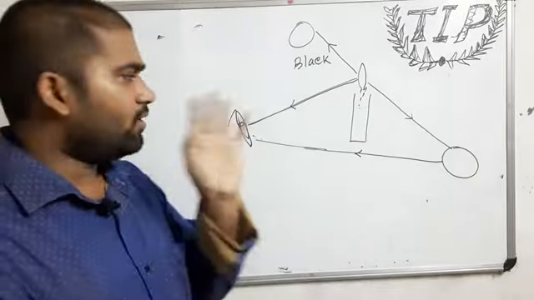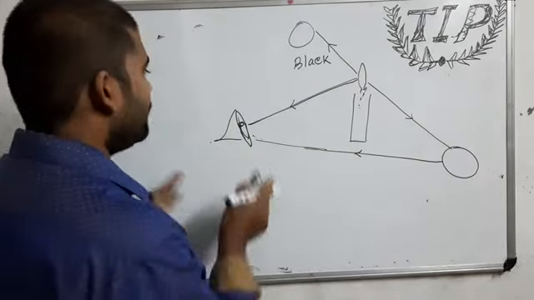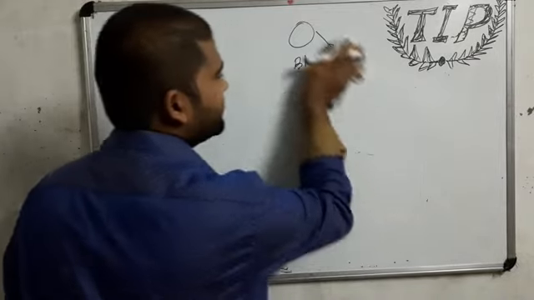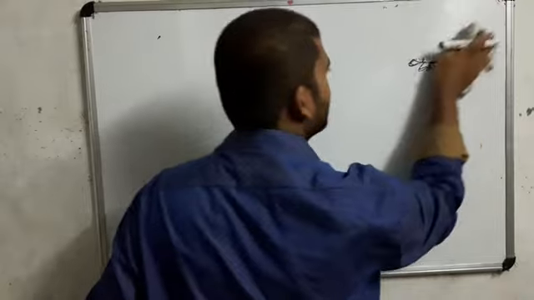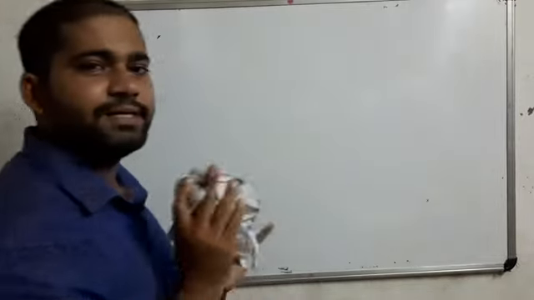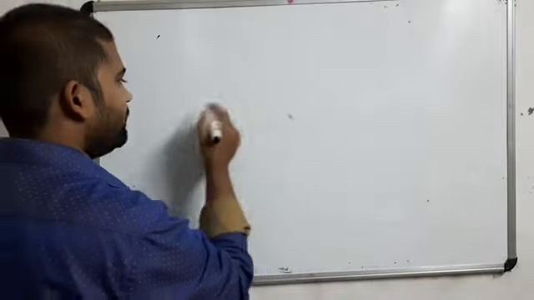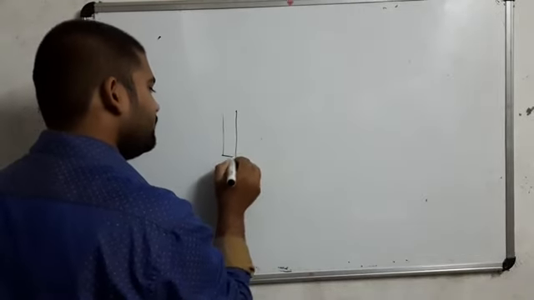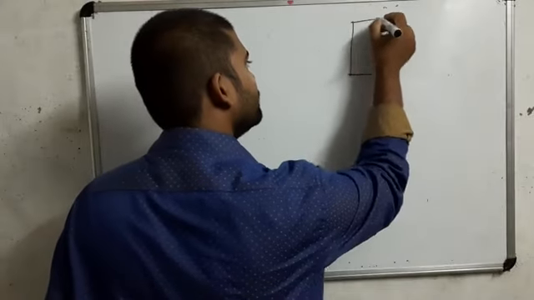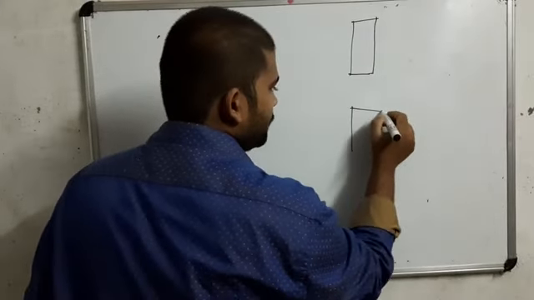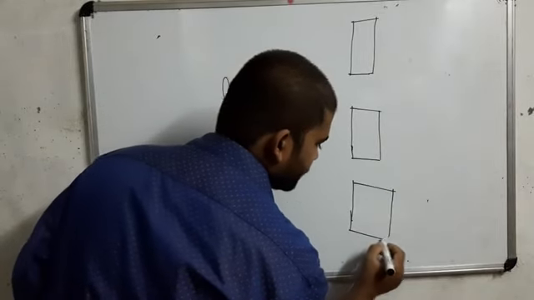If we observe light radiation, mainly three different types of phenomena occur due to the effect of light. Suppose I take a candle and make an observation using three different objects.